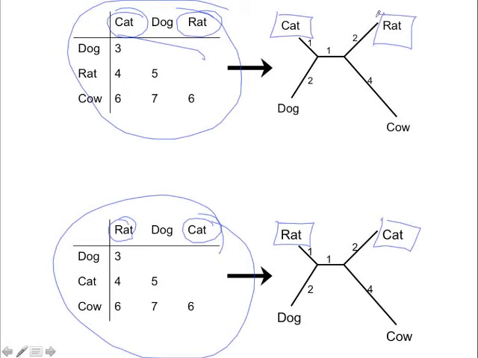And that can happen. You can take 2 different genes from the same organism, compare them among multiple organisms, and come up with 2 different trees. So we have 2 different trees right here where our cat and rat have changed spots within the leaves of these trees.